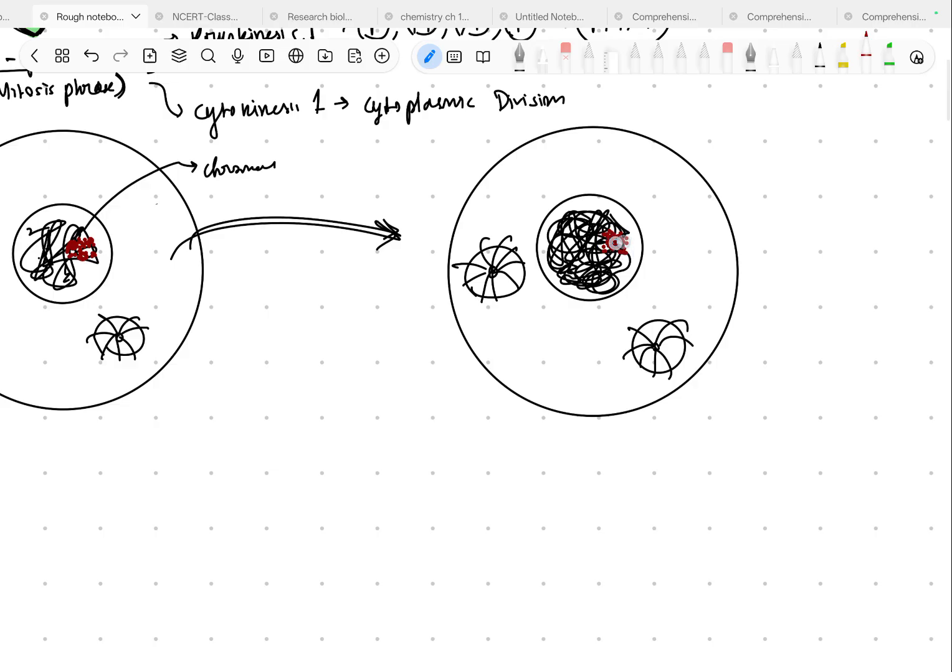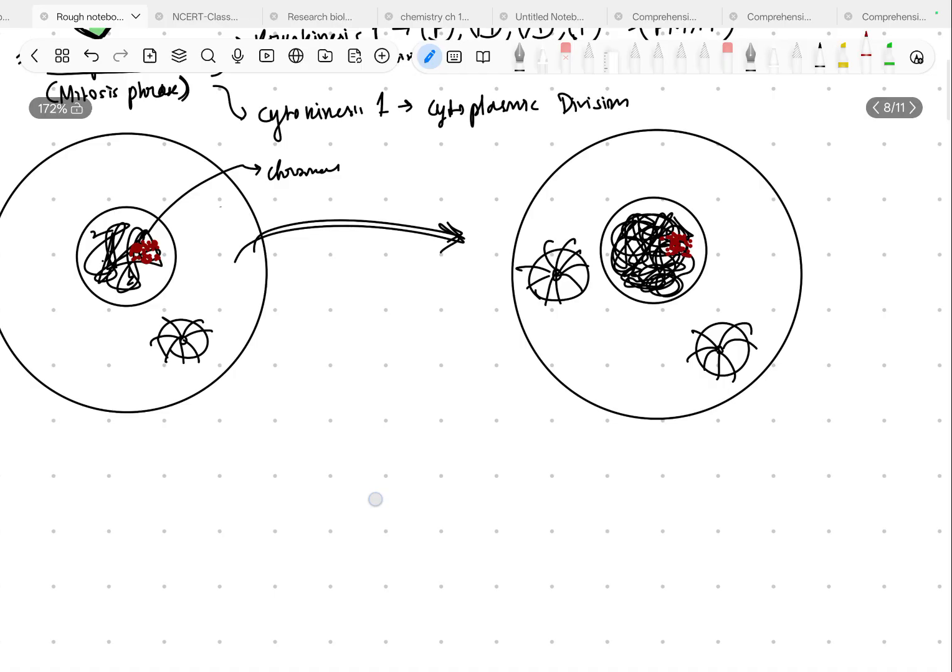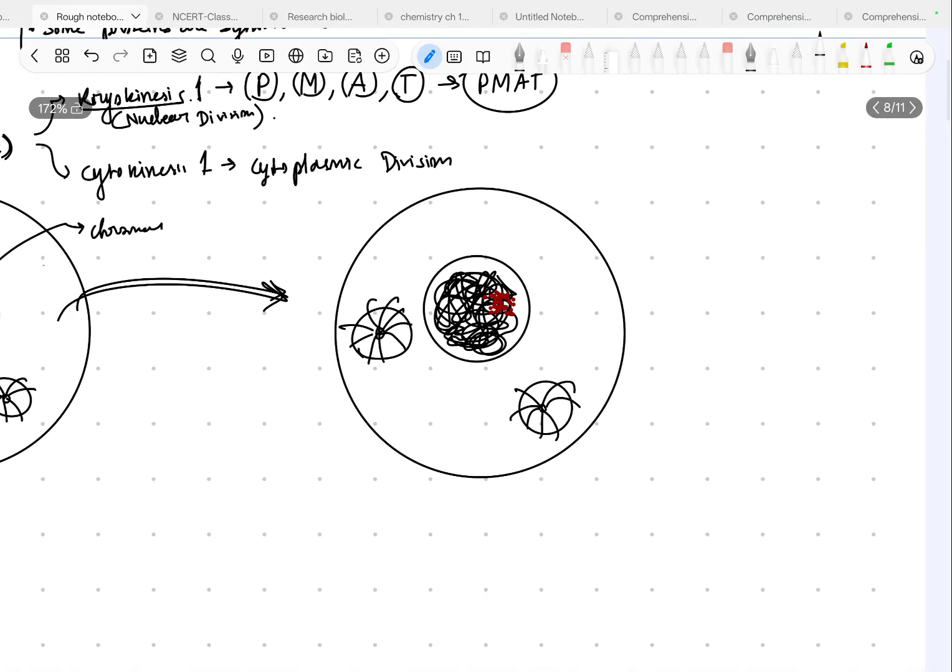This is nucleolus in red color. I am telling nucleolus. Okay, here it is about the interphase.